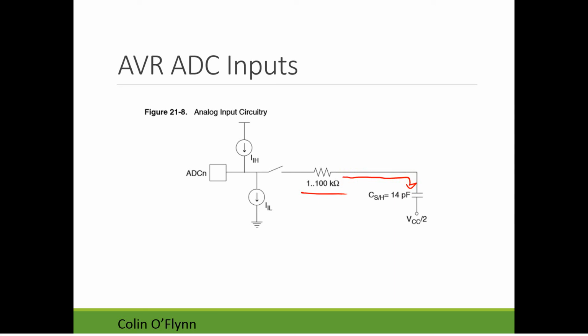If your input is a very high value, so if this is 100K, and you have a signal here that changes, maybe your light sensor, it's going to take a long time to charge up that capacitor. So if you just had a constant 3 volts, and you can wait a few milliseconds or more maybe, yes, it will eventually measure 3 volts.